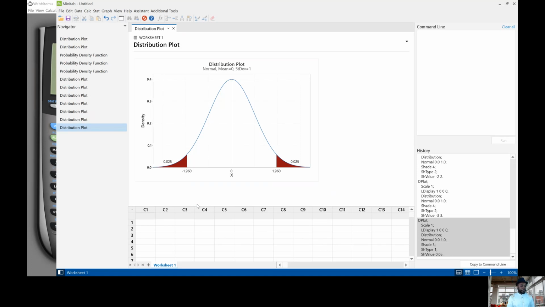Sounds good, everybody? Fantastic. So you can walk in both directions. Given the Z values, you know how to find the area, and given the area, you also know how to find the Z values.